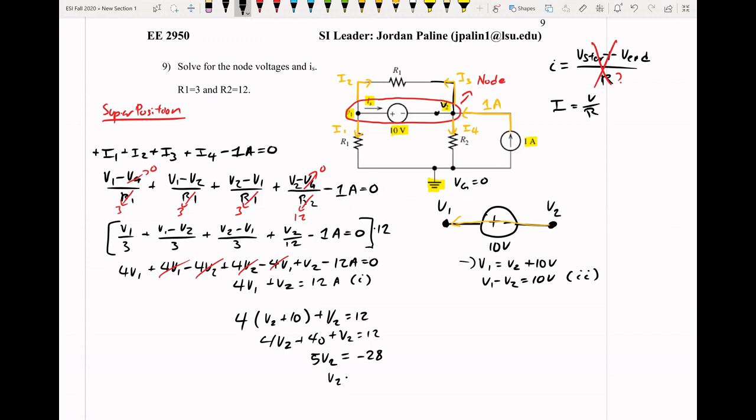So V2 will be equal to negative 5.6 volts. Then over here for V1, we'll say V1 equals 10 volts plus negative 5.6 volts, so V1 is going to be equal to 4.4 volts.